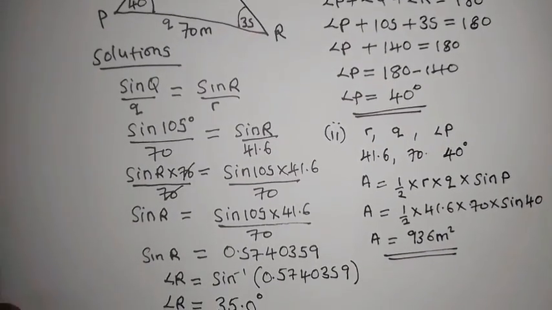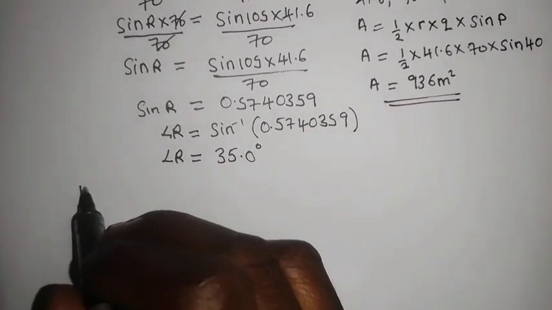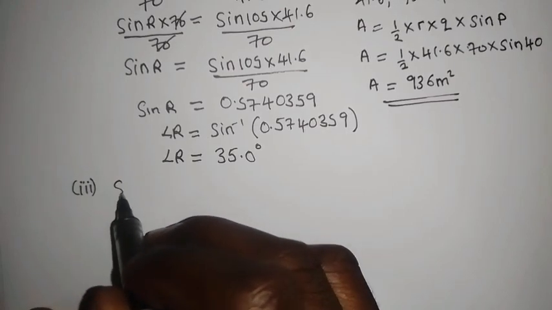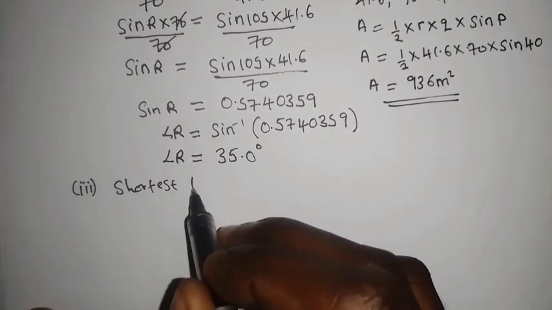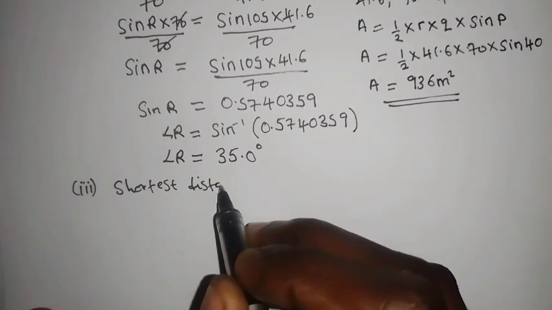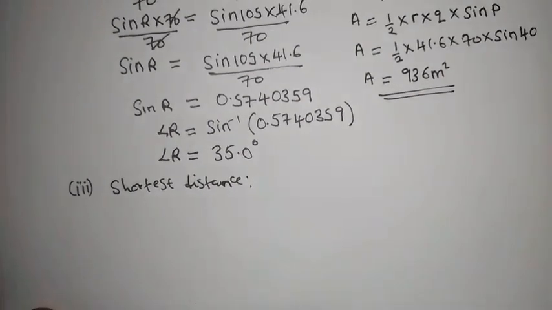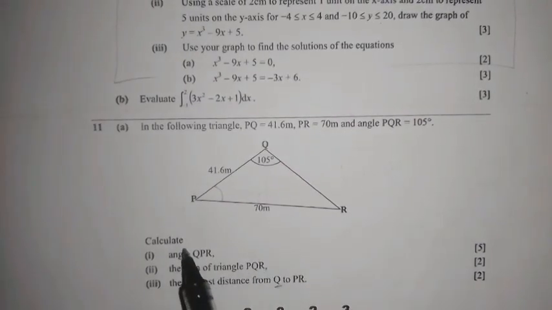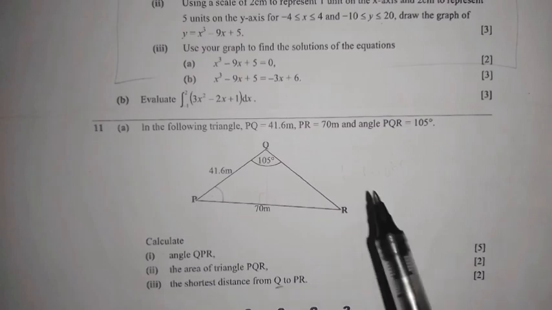Now the last question is about the shortest distance. Calculate the shortest distance from Q to PR.